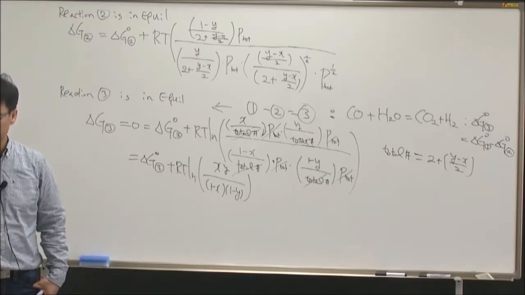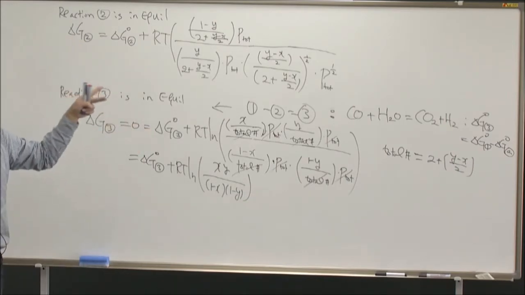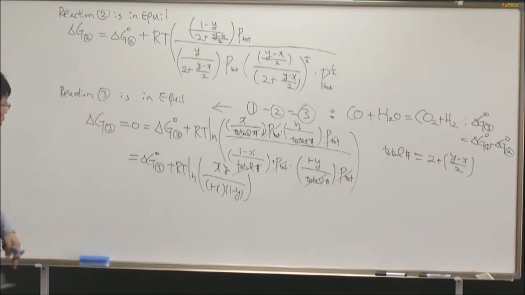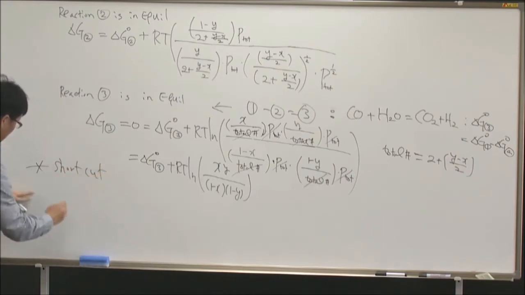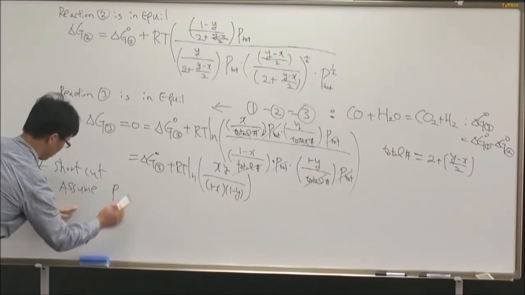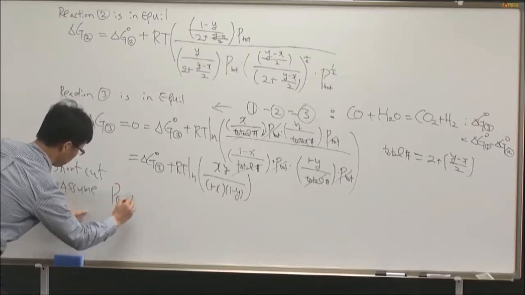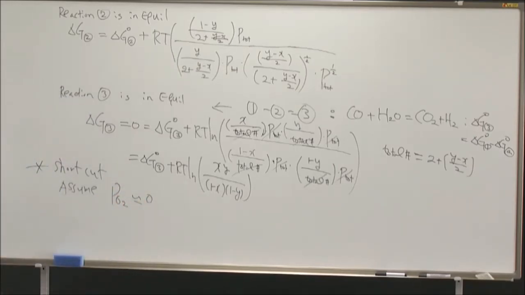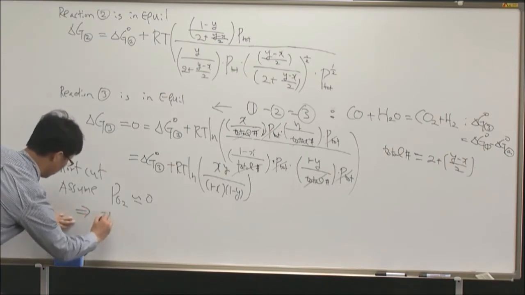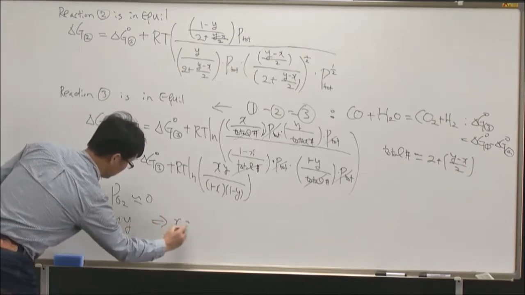Okay, that's another way. So you can take either 1, 2, or 3. Among these three, you can take at least 2 independent equations to solve for x and y, or the shortcut is to assume PO2 is nearly 0, which means x is nearly the same as y, and then you get the x value.